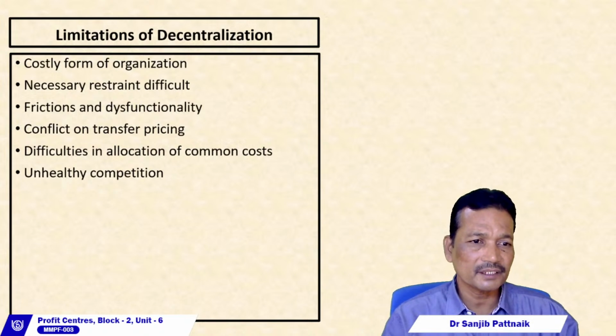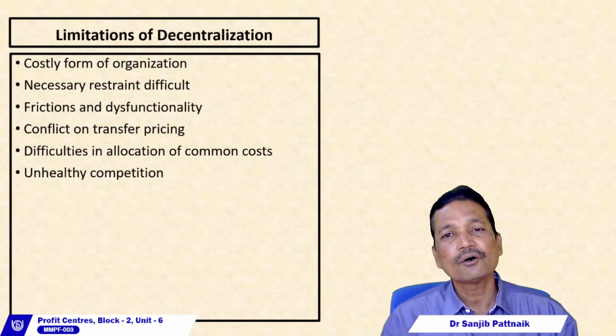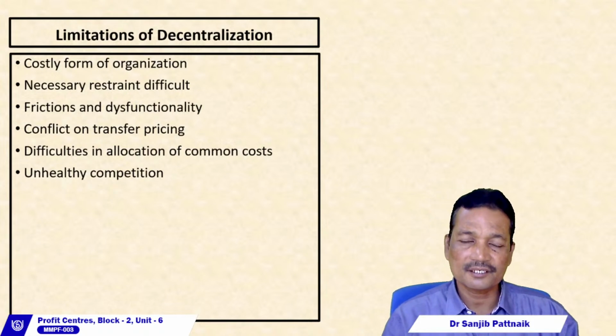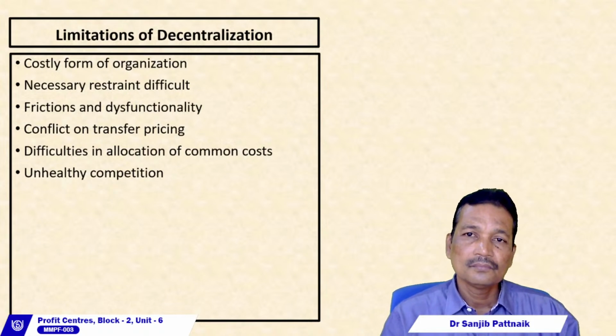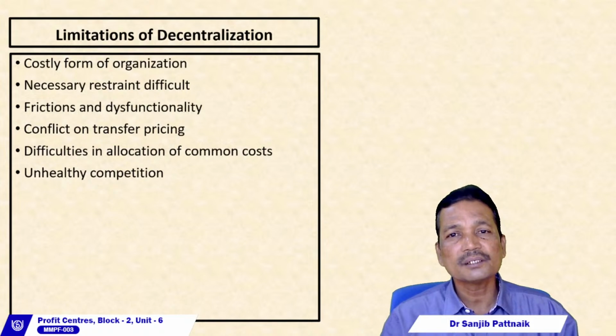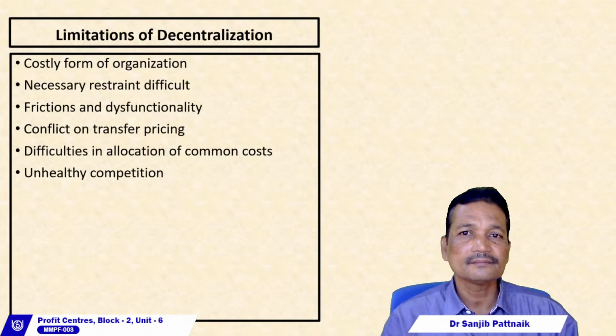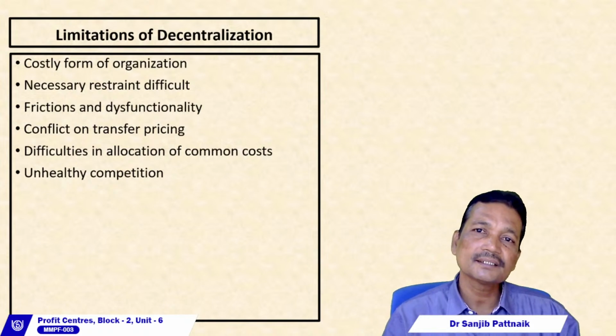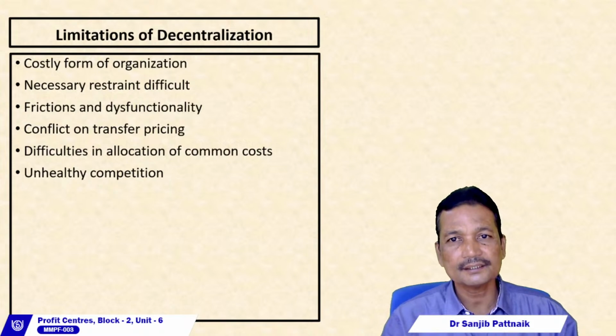Another limitation of decentralization is unhealthy competition. Now suppose two divisions of an enterprise are selling the same kind of products in a similar market.